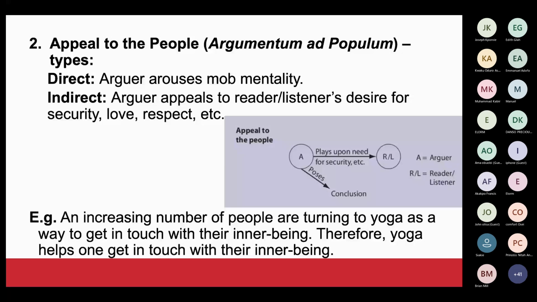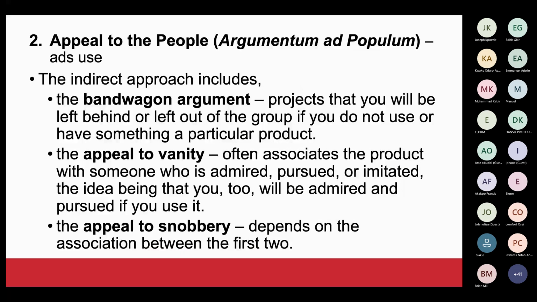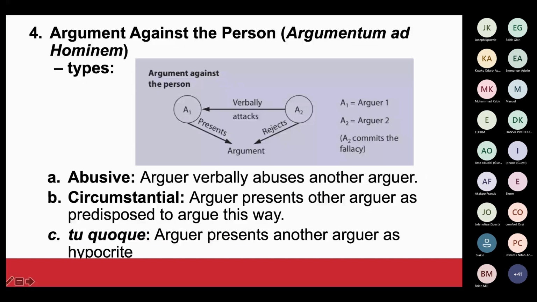But the premise that has been advanced for the conclusion is not relevant to it. So we have the bandwagon, the appeal to vanity, and snobbery, which I have gone through already. Then we have the argument against the person, which in Latin is the argumentum ad hominem. The argumentum ad hominem has the abusive, the circumstantial, and the tu quoque.